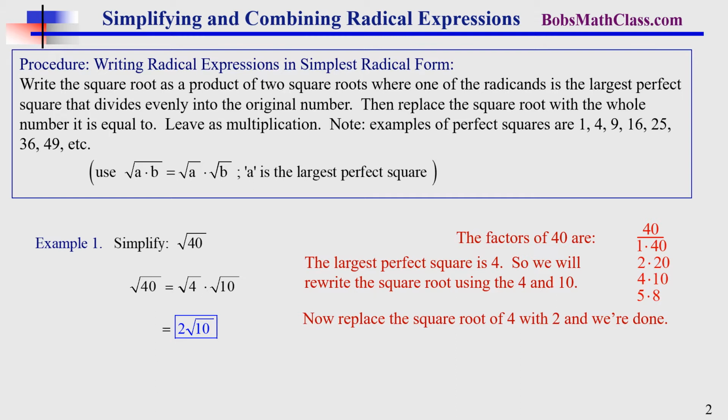At least at the time of this video, the Casios are not going to simplify the cube root of 40, or any cube roots unless it's a perfect cube root, or a fourth root or a fifth root. So we need to learn the procedure. Also, we're going to add variables to this expression, and at this time, we probably can't just put that into our calculator. So we need to learn the procedures.